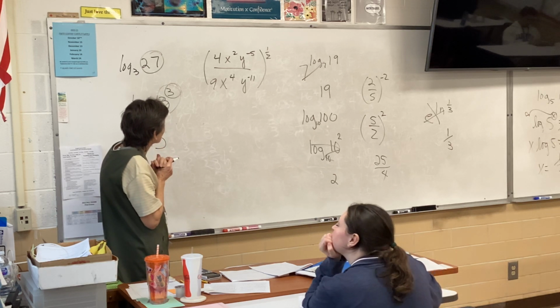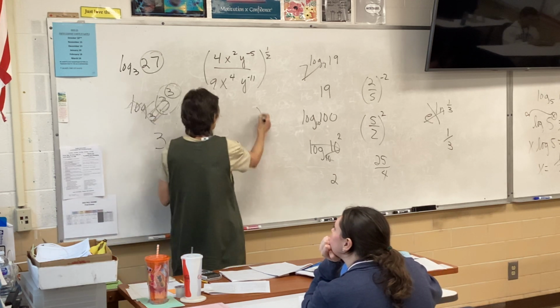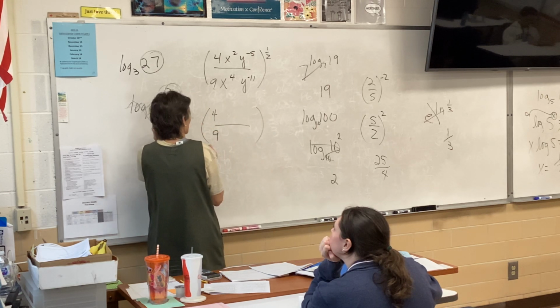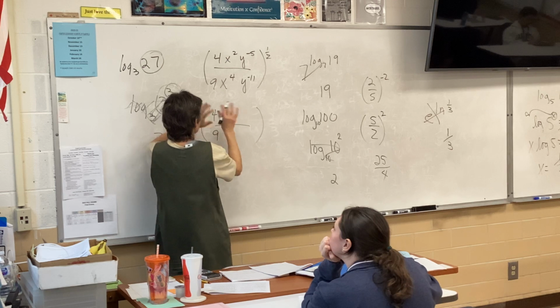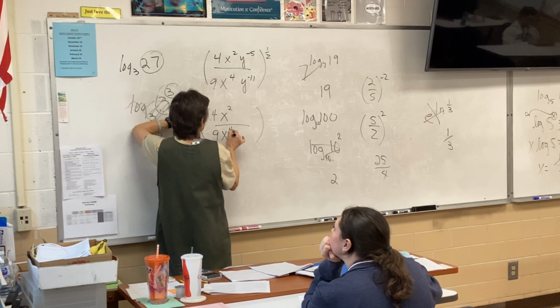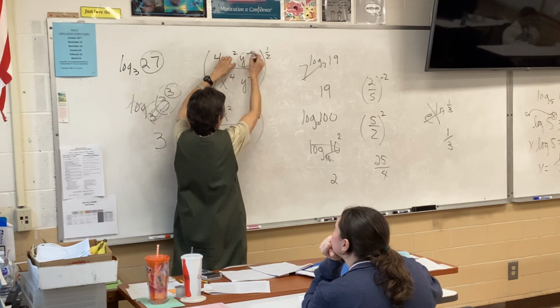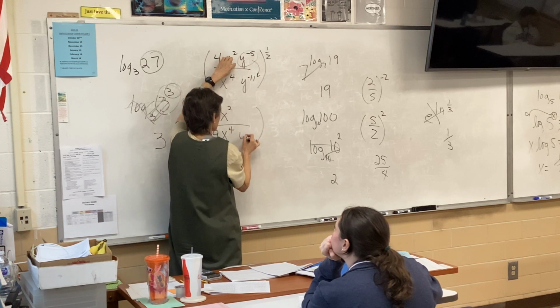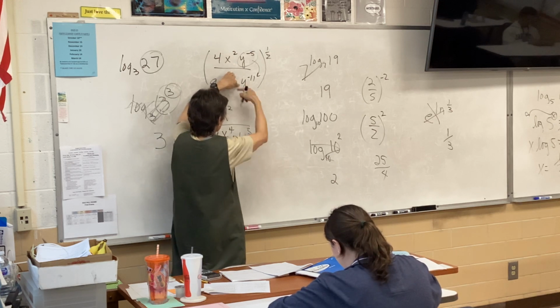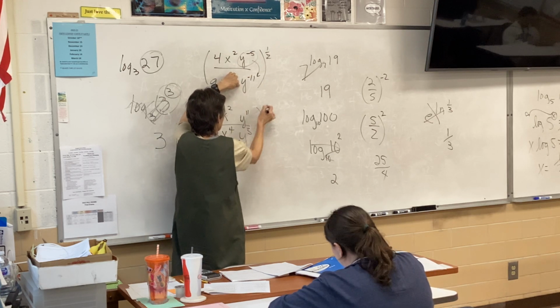I just simplified it by flipping everything that needs to be flipped. Okay, hang on, let's do that first. She said there's some stuff in here with negatives. So this is negative, so it is gonna come down, so I'm gonna have y to the 5th down here. And that is gonna go up, so I'm gonna have y to the 11th up there.